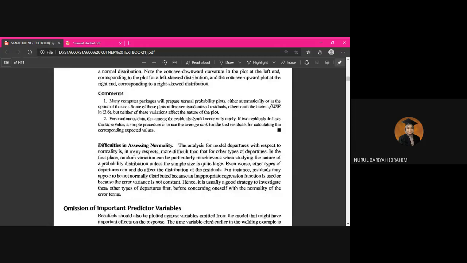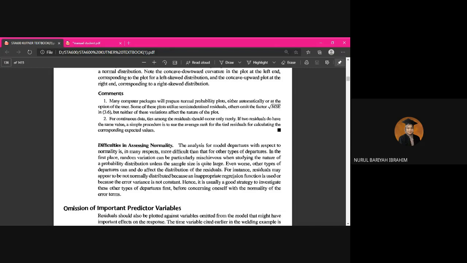So kita baca kat sini, difficulties in assessing normality. The analysis for model departure with respect to normality in many respects more difficult than the other types of departure, which is constant variance, independence, and also the linearity. In the first place, random variation can be particularly mischievous when studying the nature of a probability distribution unless the sample size is quite large.